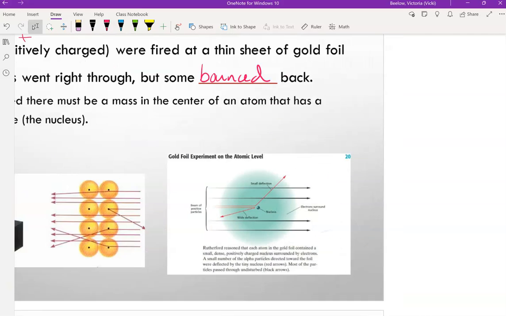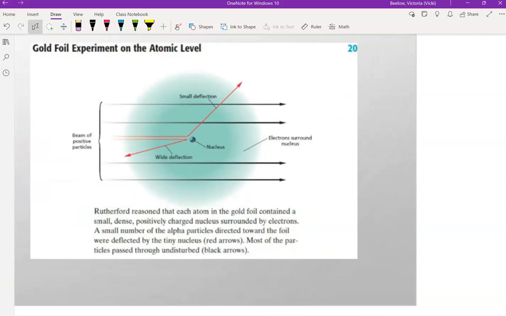So when he was firing the beam, here we have these positive charges going through. Most of them just passed right through the gold foil. However, every once in a while, one of these positive charges would do one of these.